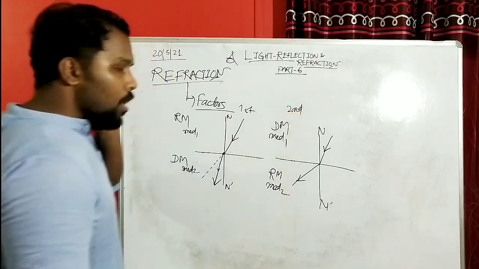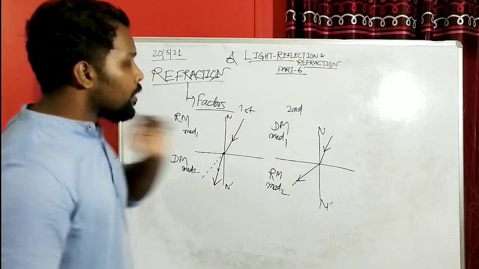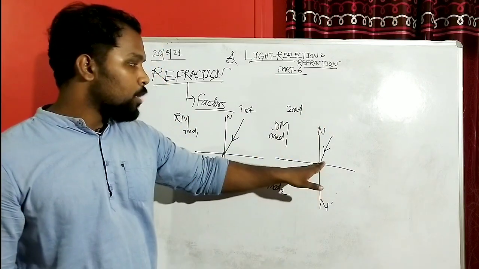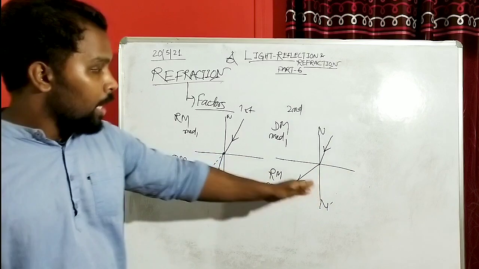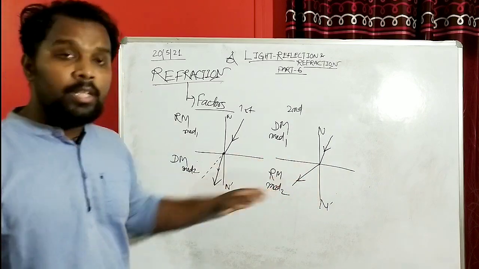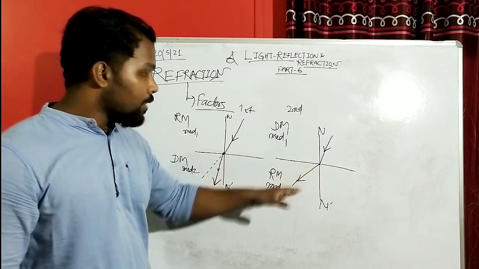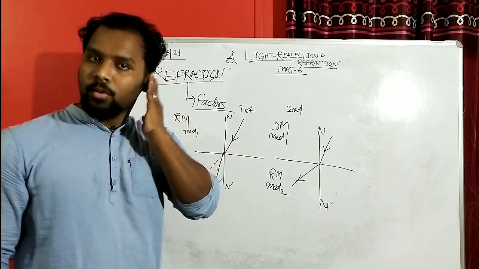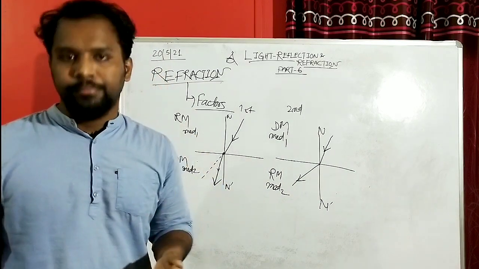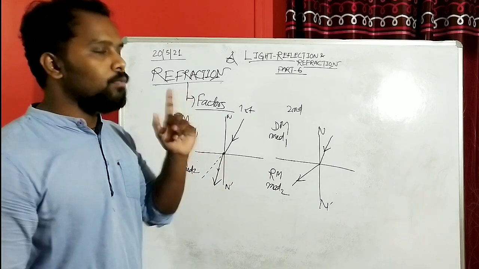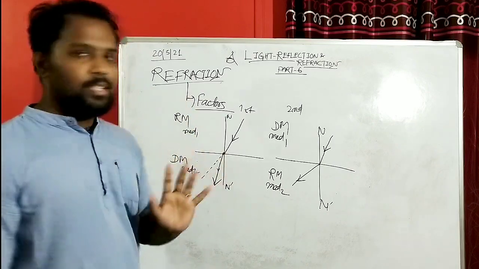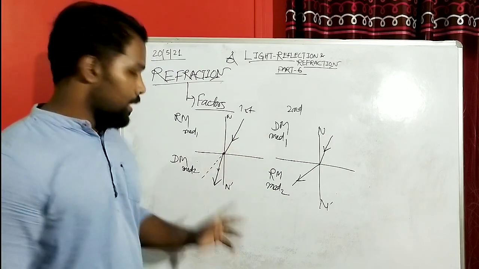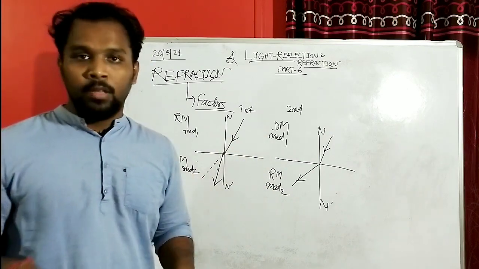In the second case, when a ray comes from a denser medium and is incident at the interface of the two media and refracts into the rarer medium, the refracted ray moves away from the normal. Have you understood till now? Now, why is this happening? We have understood one thing: because of density, the rarer medium has less density compared to the denser medium, and the denser medium is vice versa.